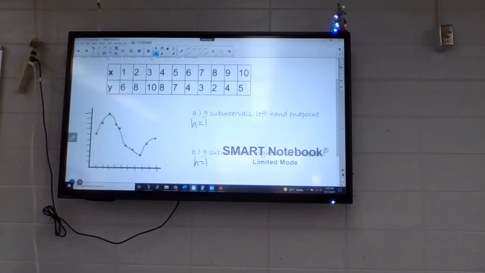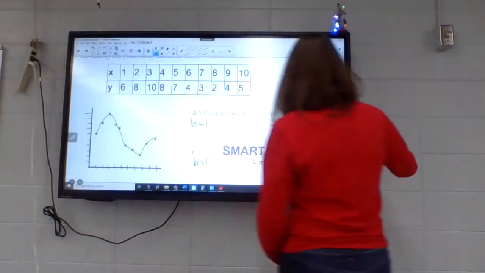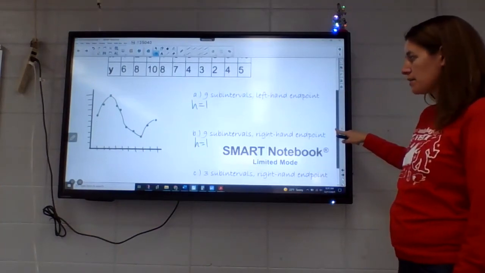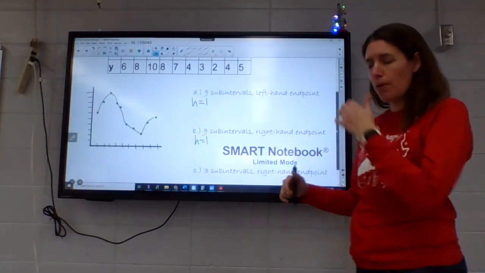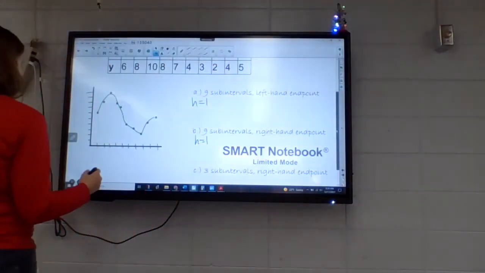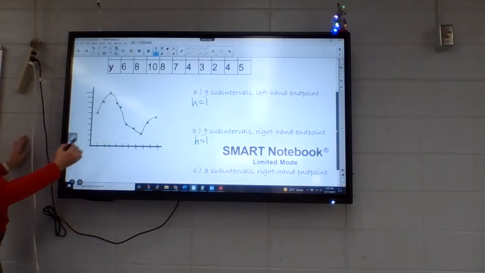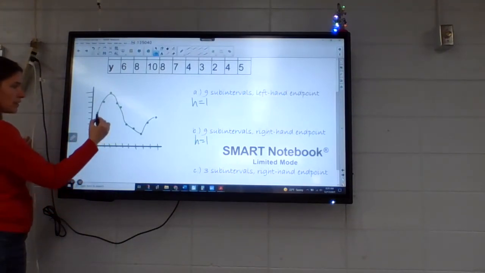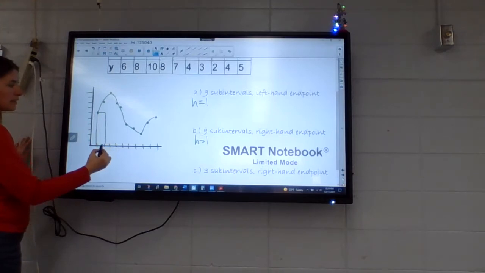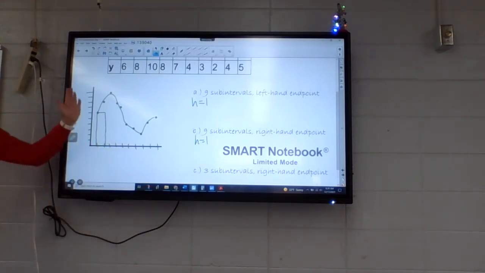But we should get a different output for both, I think. It's going to be really close, but we should get a different output depending on the right or left-hand endpoint. So if I use a left-hand endpoint, my first rectangle is going to have what as a height?